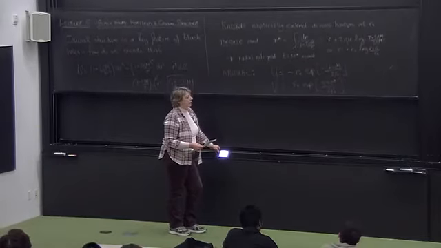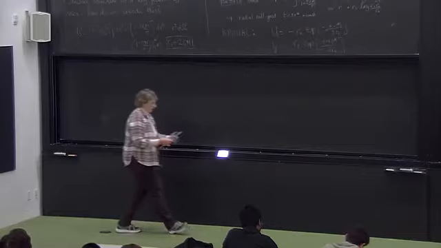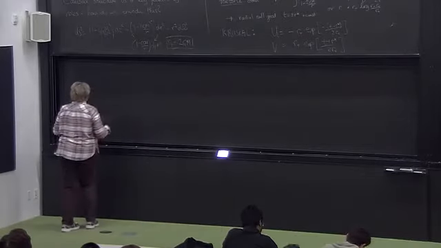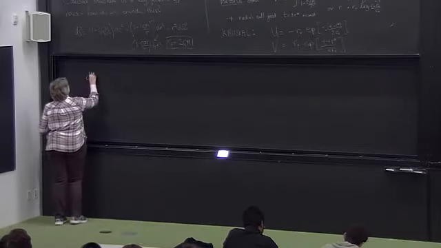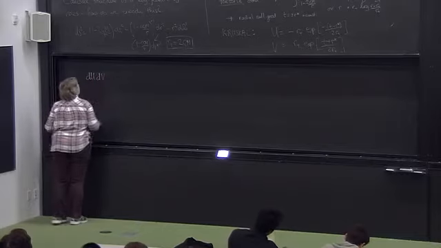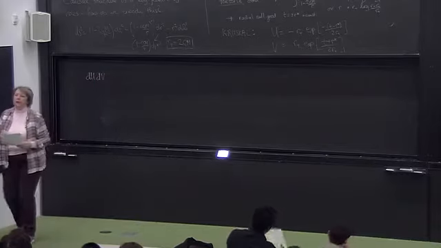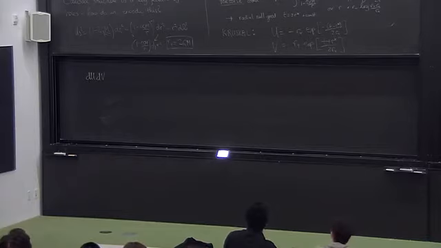So let's see that. In null coordinates, usually the metric is like du dv. So let's have a look at what du dv looks like.